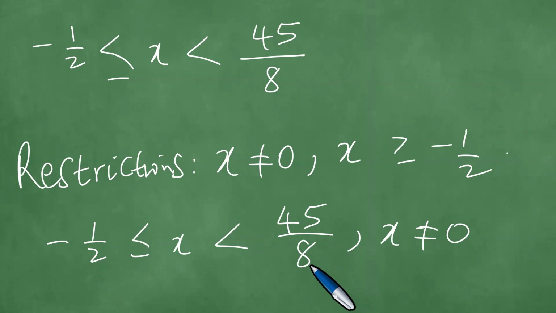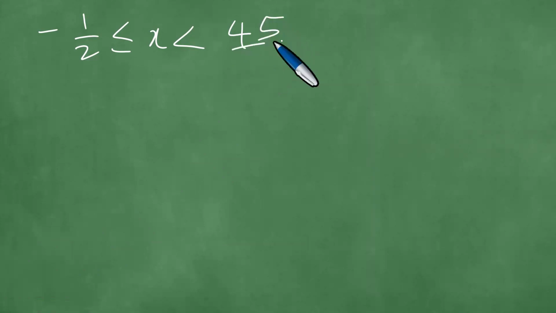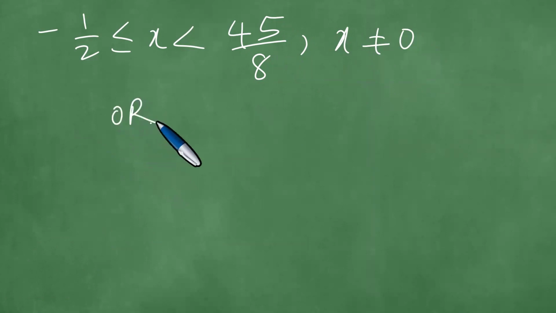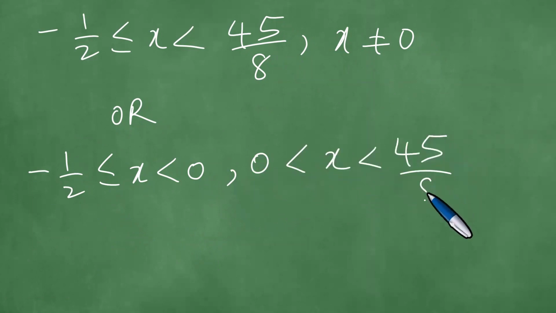Now, a couple of things are at the heart of the operation, so we need to analyze this. We state up front minus 1/2 less or equal to x less than 45/8, with x not 0. We can write the solution like this, or we can write the solution as minus 1/2 less or equal to x less than 0, together with 0 less than x less than 45/8.